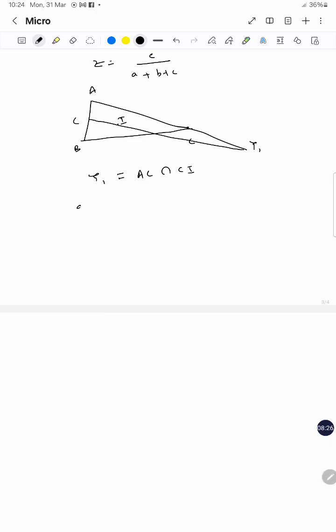The equation of a line in barycentric coordinates is ux plus vy plus wz equal to 0.